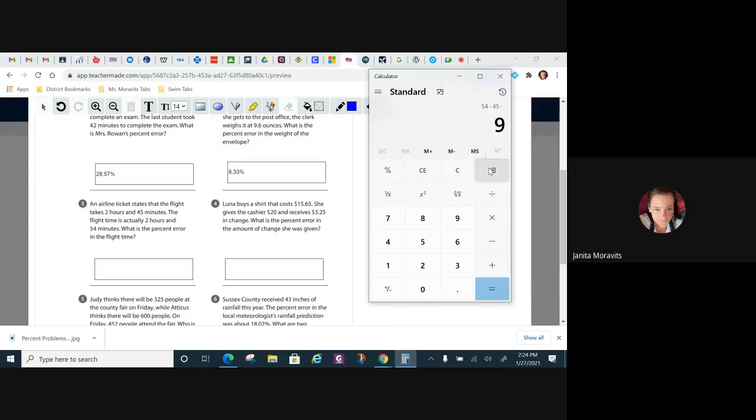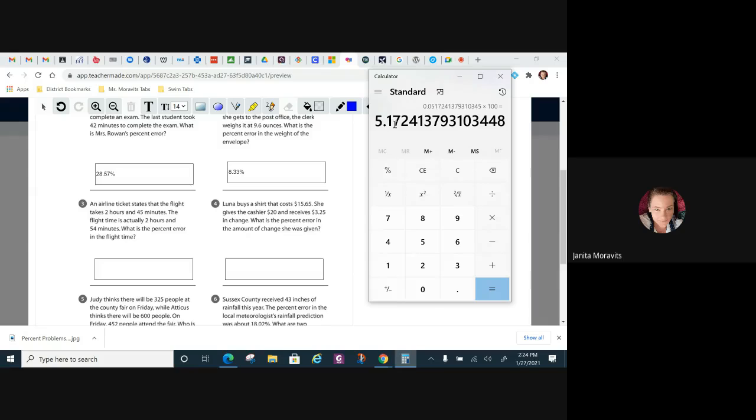So we have a 9-minute difference, and we're going to divide that by 174 minutes. And that gives us 0.05172 and going on. All right, so if we move our decimal 2 places to the right, that's 5.17%. But just to show you, we're going to multiply times 100.